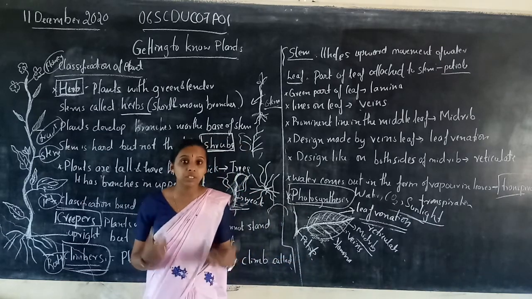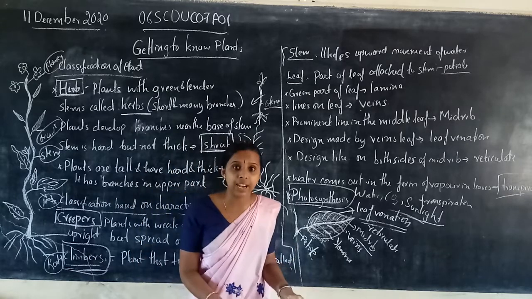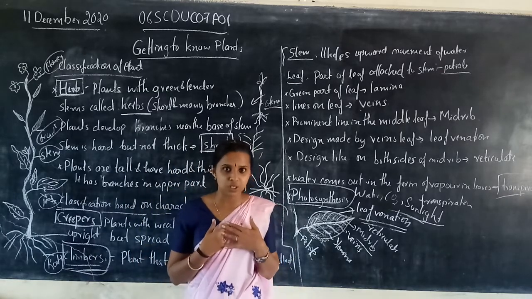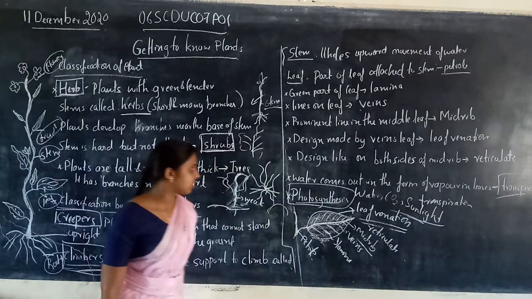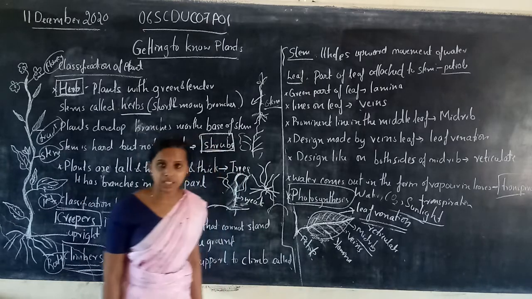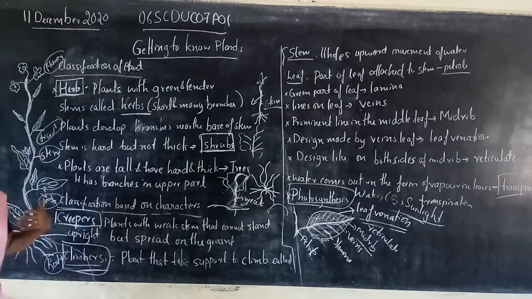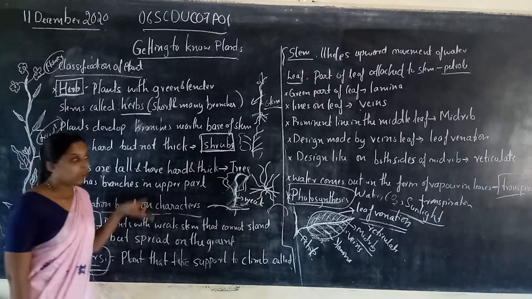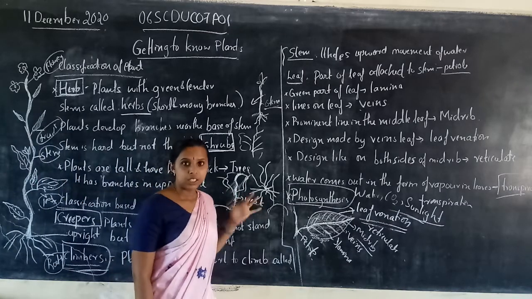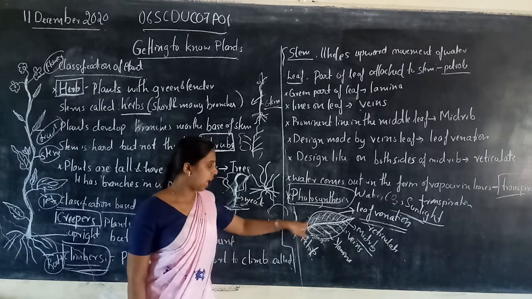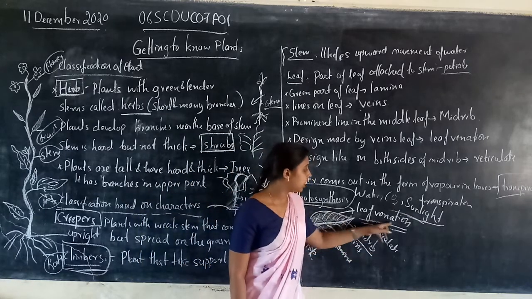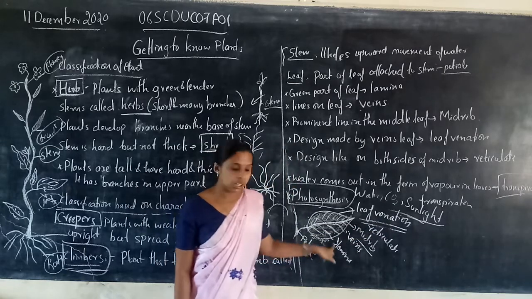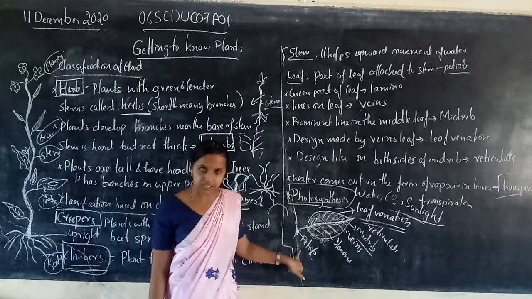We eat food which is made by the plants, so we are heterotrophs. We studied in an earlier class what autotrophs and heterotrophs are, right? So in this class we studied the introduction to plants, classification of plants, and classification based on characters: stem and leaf. The leaf has this structure, and some definitions: veins, midrib, reticulate, leaf venation, lamina and petiole.